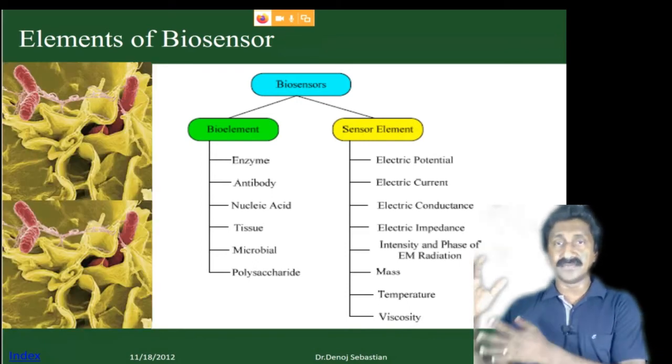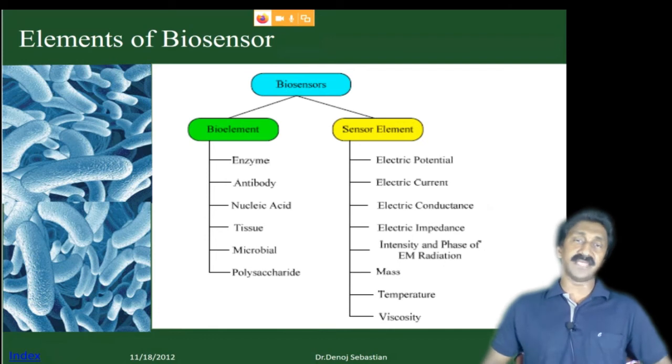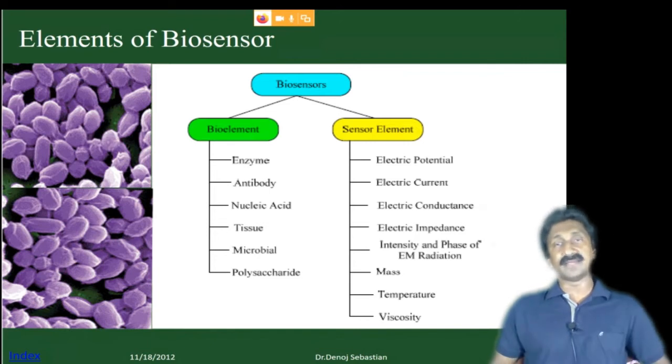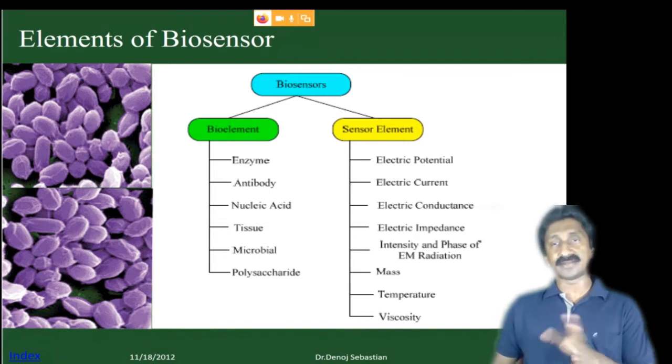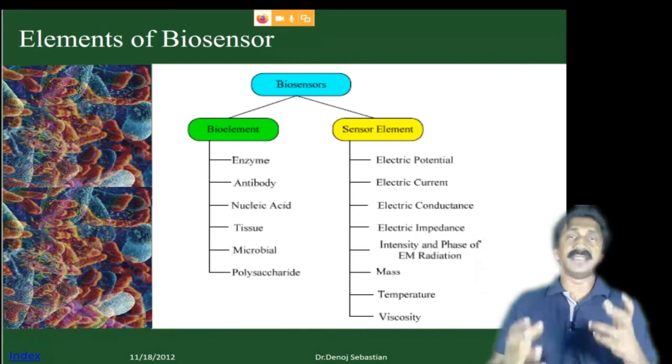All these are the physicochemical outputs that are created from that biological element. So it will be converted by the transducer into other detectable forms like electrical potential, current, conductance, impedance. So that type of conversion is done in biosensors.